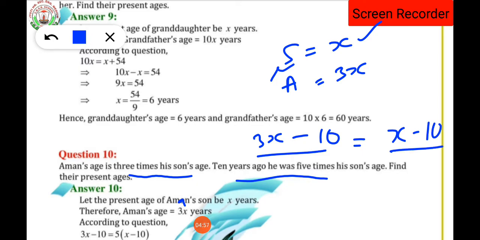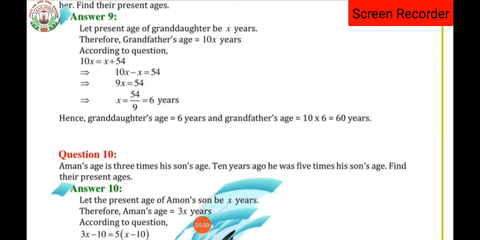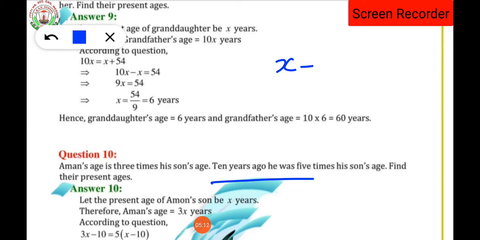Clear? Why does 10 come here, students? Because in the question it is very clearly given that 10 years ago son's age was x minus 10, and in the same way father's age 3x minus 10, so it is 10 years for both son and father.